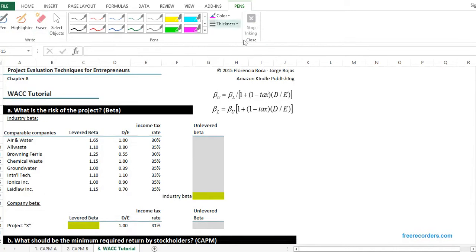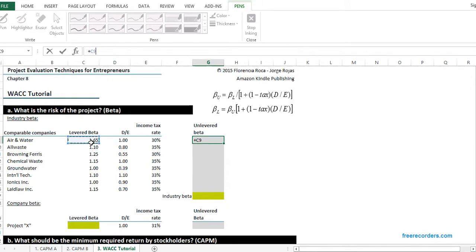Okay, let's do it. First, again, we have the levered betas for all the companies, the debt to equity ratio, and the income tax rate. So here I'm going to introduce the first formula, which is the unlevered beta for each company. I'm going to obtain, of course, a smaller number, unless the company is full equity, in which case both will be the same.